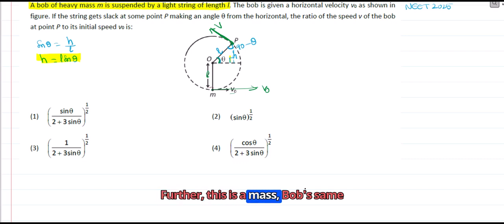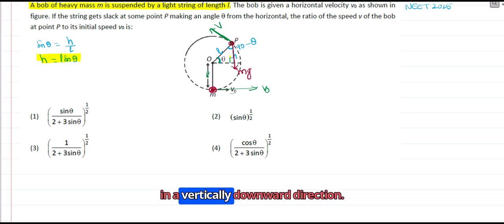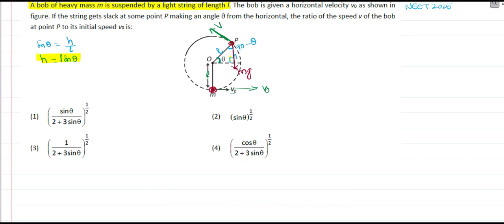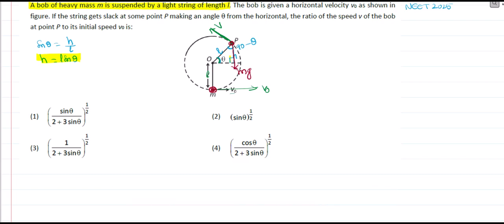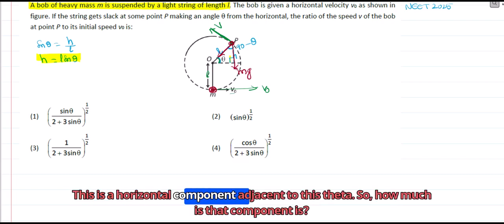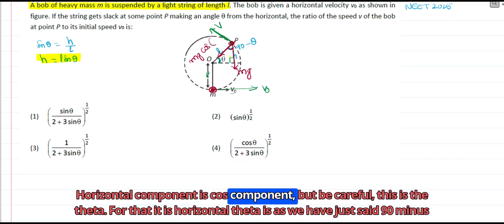Further, this is a mass bob, same mass here. It will have its weight acting in a vertically downward direction. So this mg can be further resolved into components. This is a horizontal component adjacent to this theta. So how much is that component? Horizontal component is the cos component. But be careful, this is the theta for that, it is horizontal.